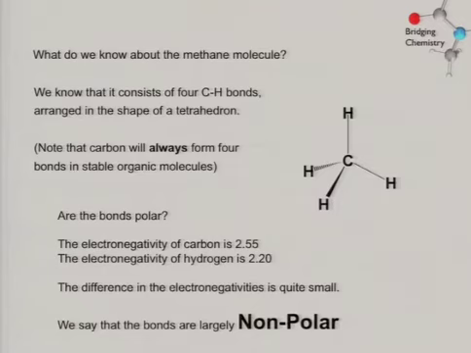So they're very similar to each other. And so the way that we need to interpret that is we say because the difference in the electronegativities is very small, the electrons that form the carbon-hydrogen bond are pretty much going to be equally shared between the carbon and the hydrogen, and so we would say that these bonds are non-polar.